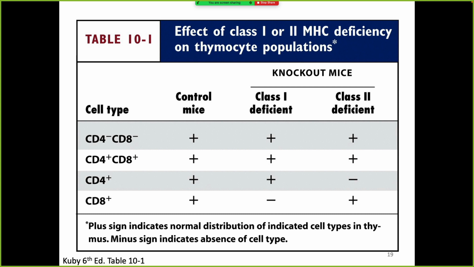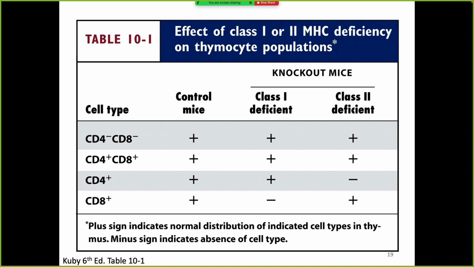You must not need MHC class 1 and MHC class 2 to turn on CD4 and CD8 in the first place. You just turn them on. You don't care about class 1 and class 2. And then you use class 1 and class 2 to actually pick which single positive to be. And so these were one of the types of experiments that helped to describe this part of T cell selection.